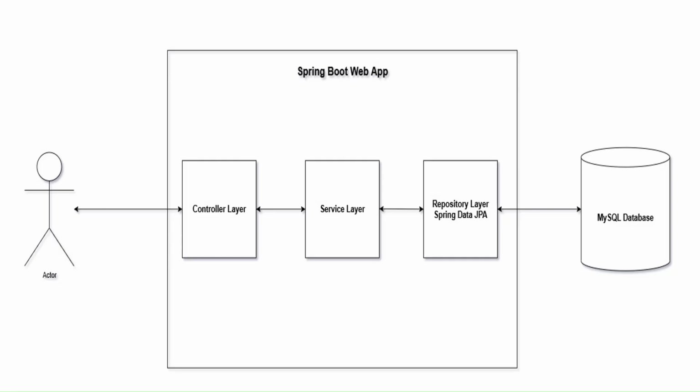This is the high level diagram, which I think explains pretty much how the Spring Boot web application looks and what layers and components are available inside it. So I think now we are good to start. Let's move ahead then.